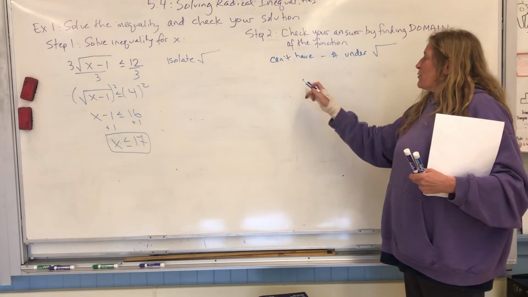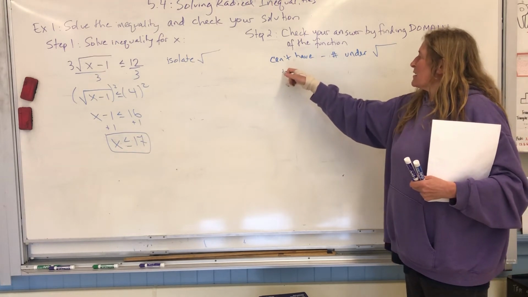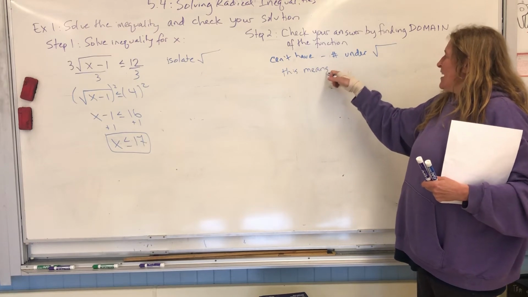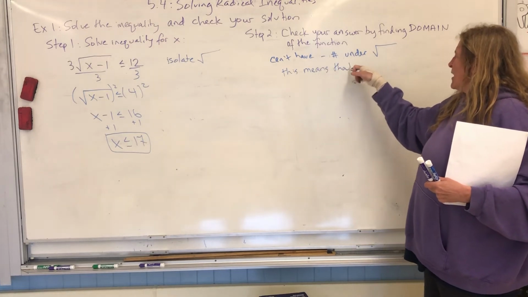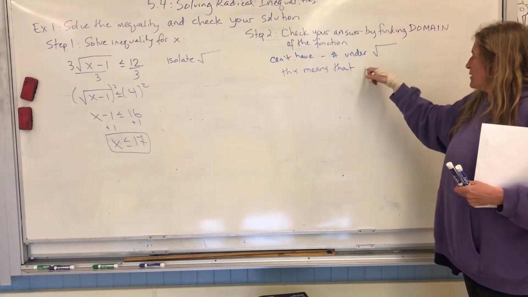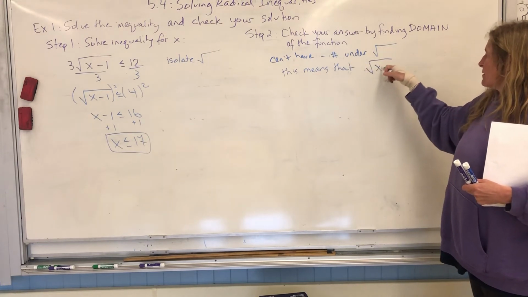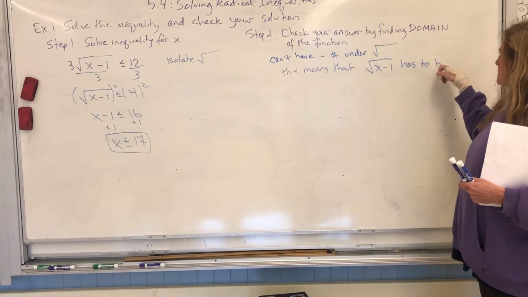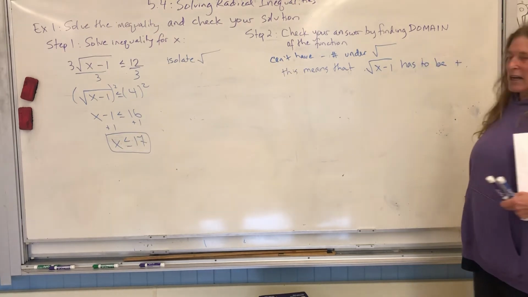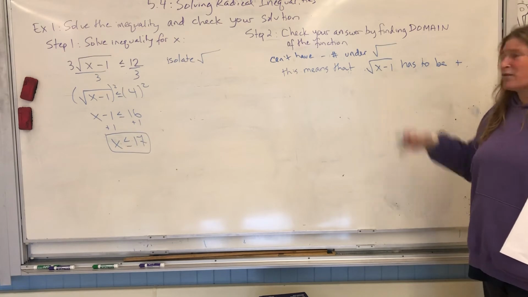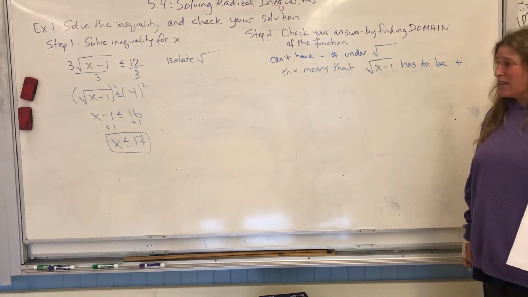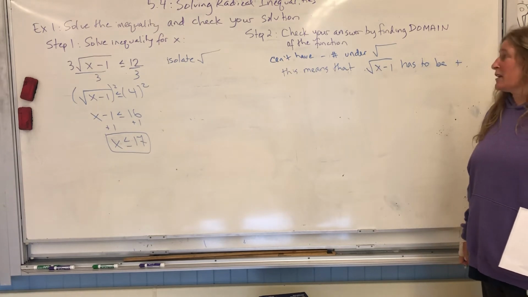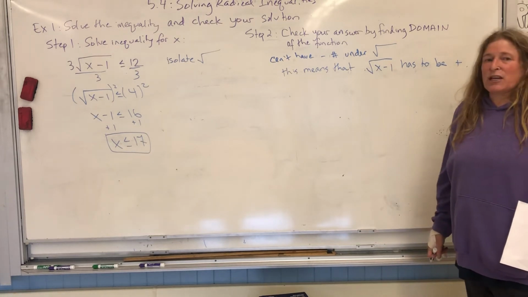So would you guys agree that that means that the square root of x minus 1, which is what our square root is, has to be positive? So there are some values of x that would have an issue, right guys? What if I put negative 4 in there? Well, if I put negative 4, I'd have the square root of negative 5, which I can't have.